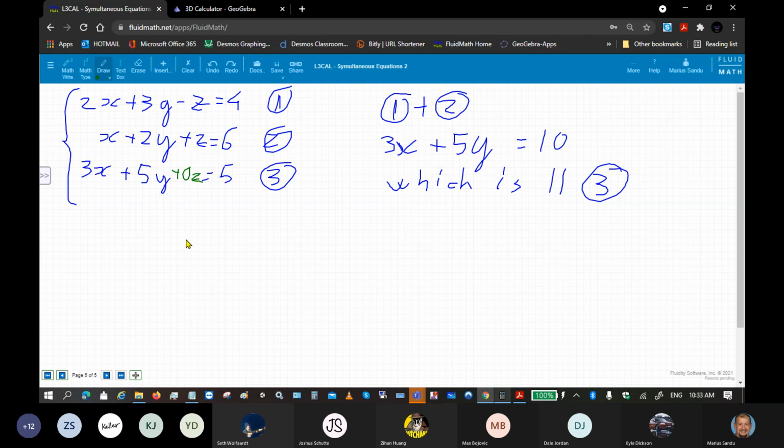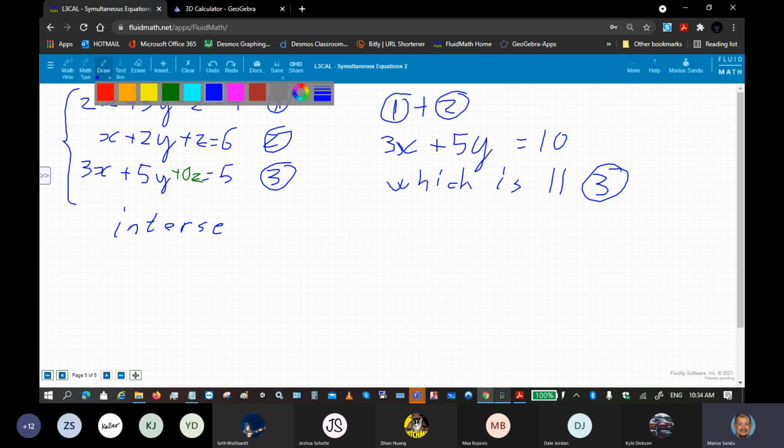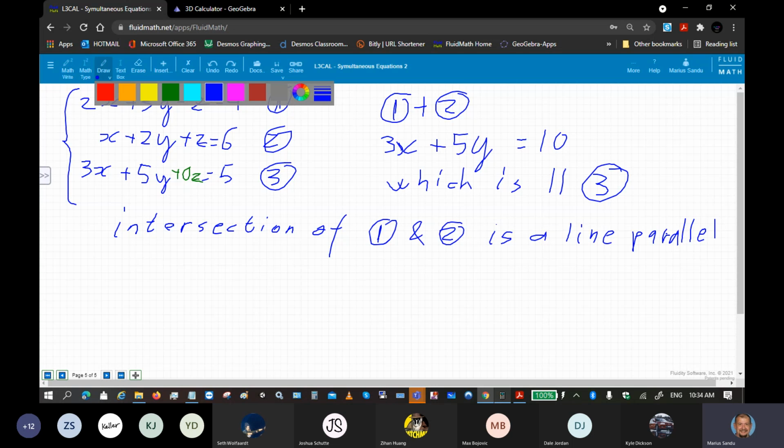All right. So this tells me that the intersection of 1 and 2 is a line parallel to plane 3.